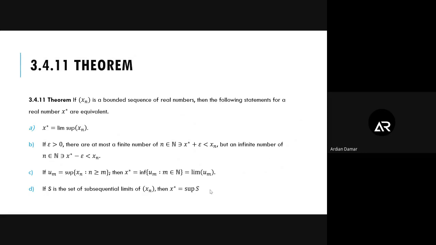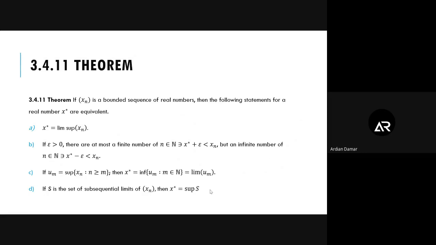B: if epsilon is greater than 0, there are at most a finite number of n elements of the natural numbers such that x powered by star plus epsilon is less than x with index n, but an infinite number of n elements of the natural numbers such that x powered by star minus epsilon is less than x with index n.